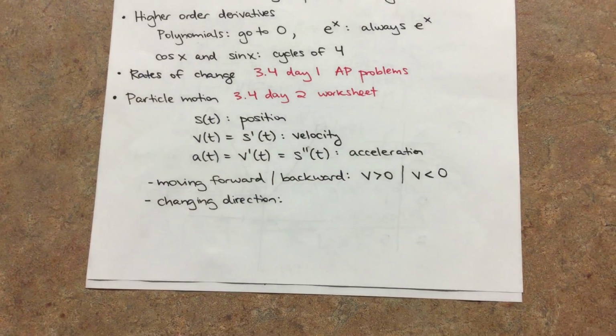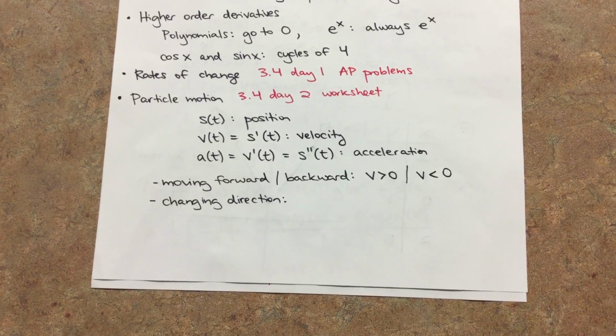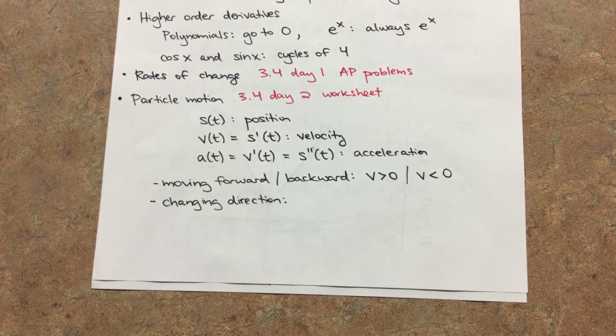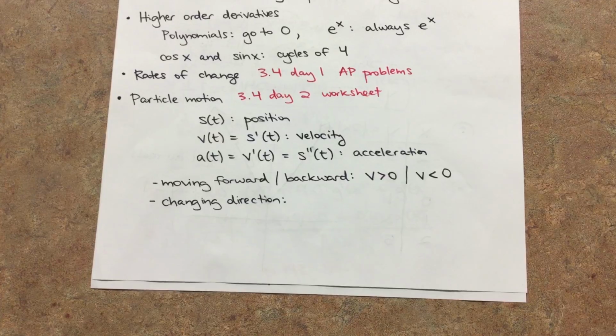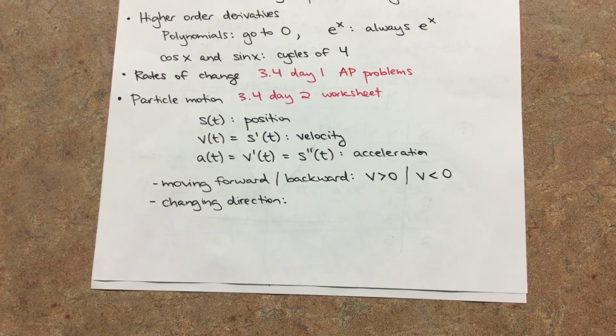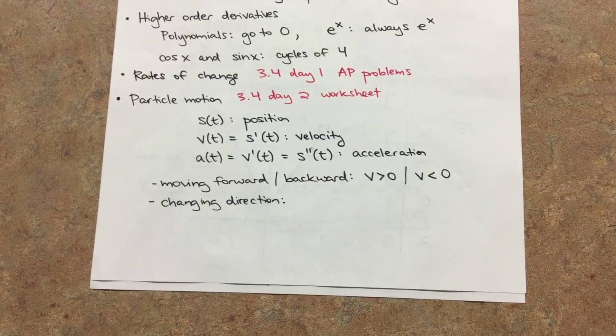What about changing direction? Nick, what do you think? Good, crosses through the x-axis. Good, so an x-intercept that actually does have a change in sign, because it is possible to have an x-intercept that goes right back the same way, so make sure it actually crosses through.